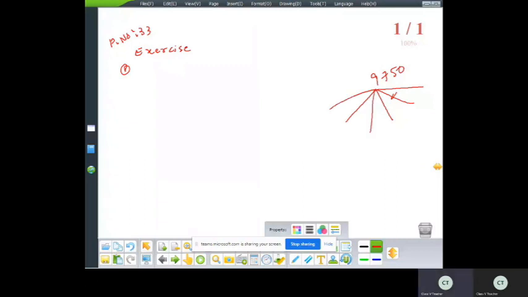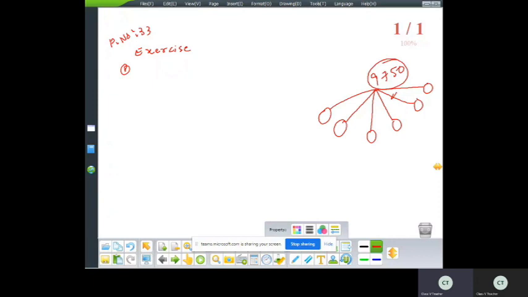How much will she have to pay every month? This amount, 9,750 rupees, divided into 6 equal parts. What is every part? She has to pay this amount every month.